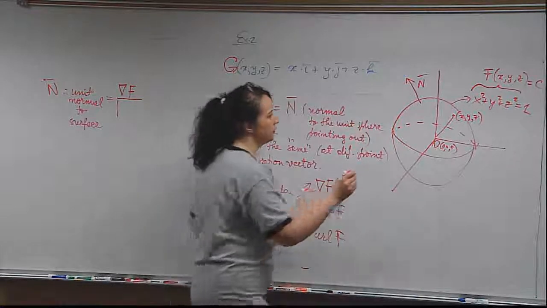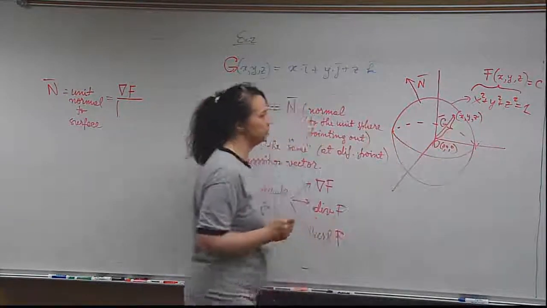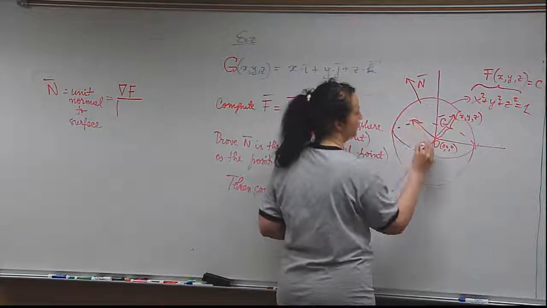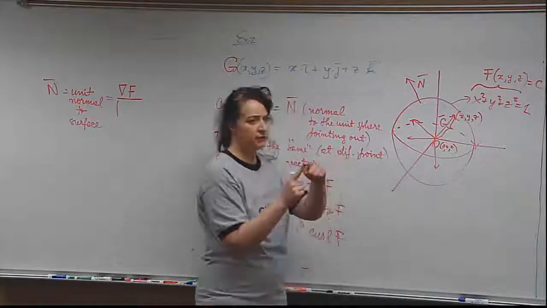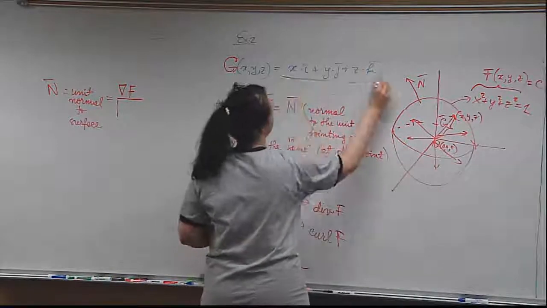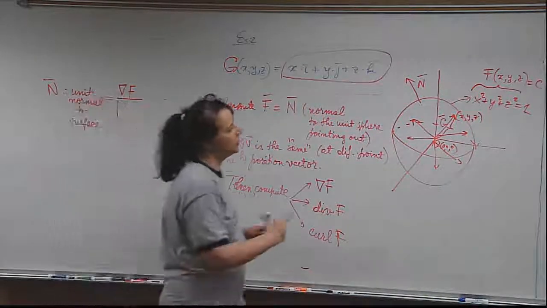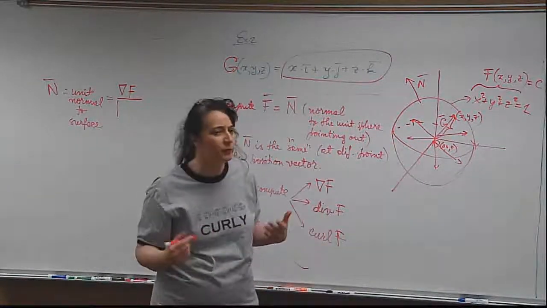I think I prefer big G, because big R looks like a scalar radius, and I don't like that. So the position vector would be the sort of needle that starts at the origin and whose end is on the surface, right? And this is the equation, xi plus yj plus zk. Because my point x, y, z has a corresponding vector xi plus yj plus zk.